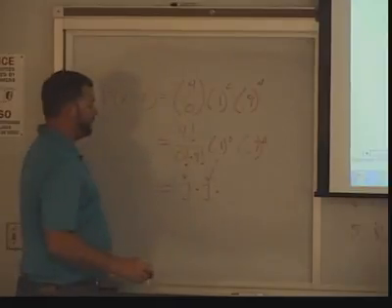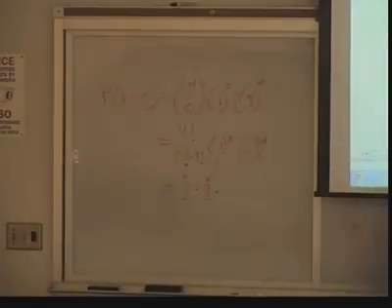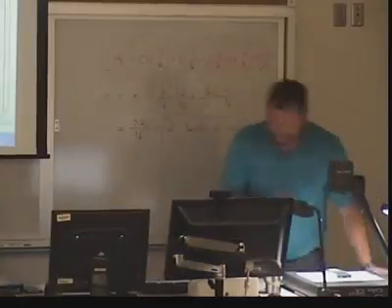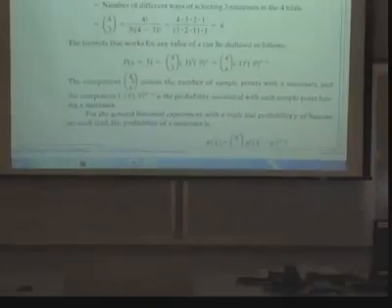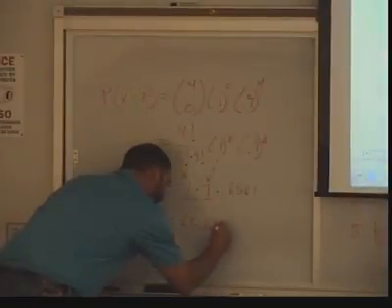Times, what's 0.9 to the 4th? 0.6561. So that equals 65.61% of the time.